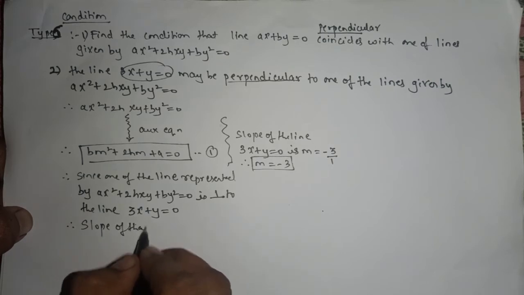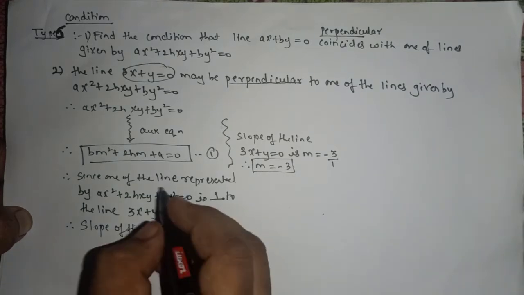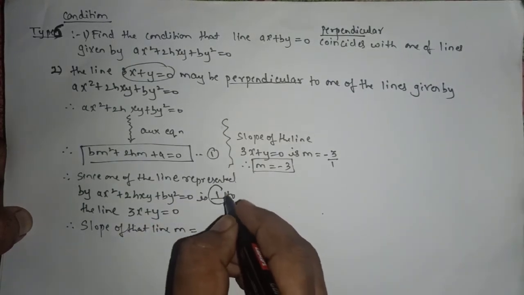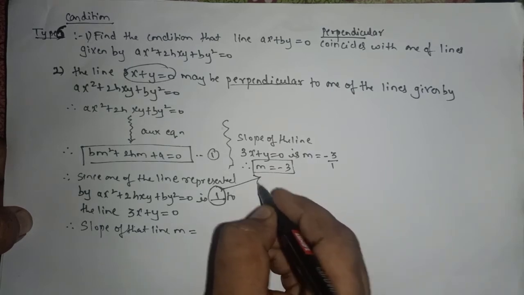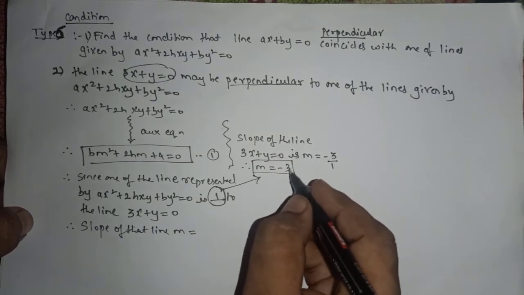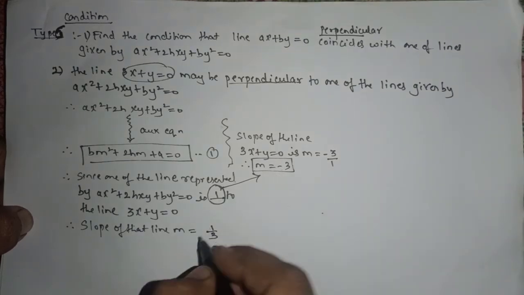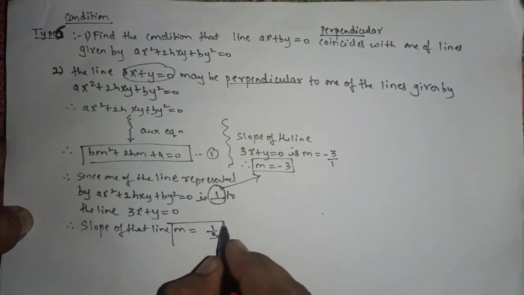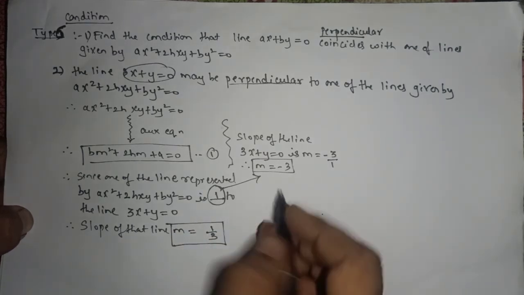As we know it is perpendicular, we reciprocal this value with the opposite sign. The reciprocal of 3 is 1 by 3, and minus becomes plus. So here we got the required slope for the perpendicular condition.